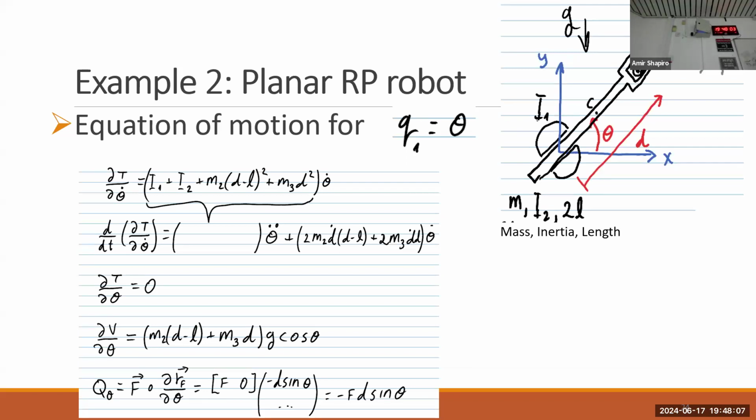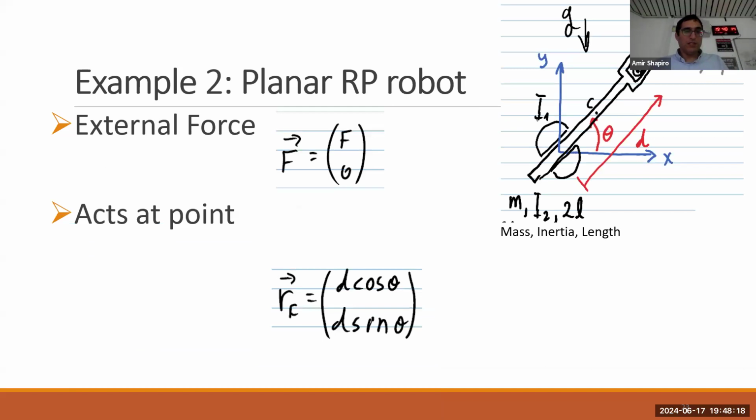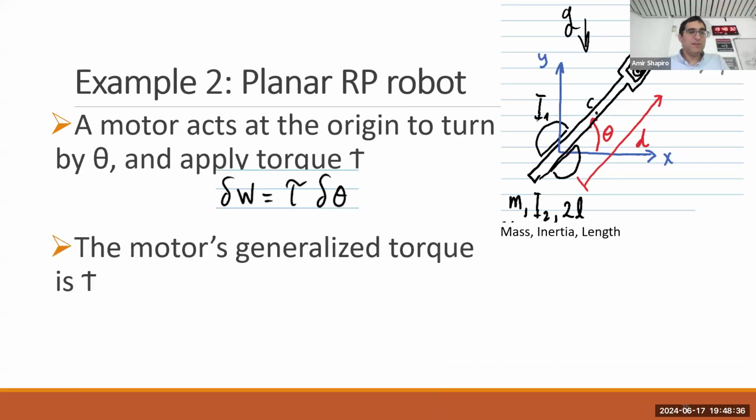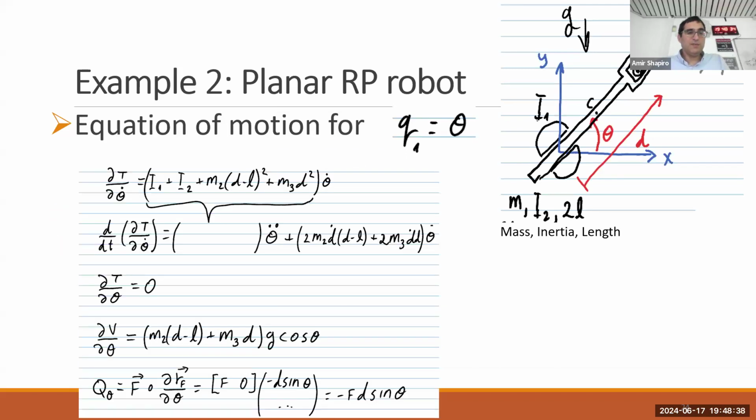And we have also the external force, F dot ∂r/∂θ. r was d cosine theta, so it will be minus d sine theta. So we have minus F d sine theta times F is F, 0.